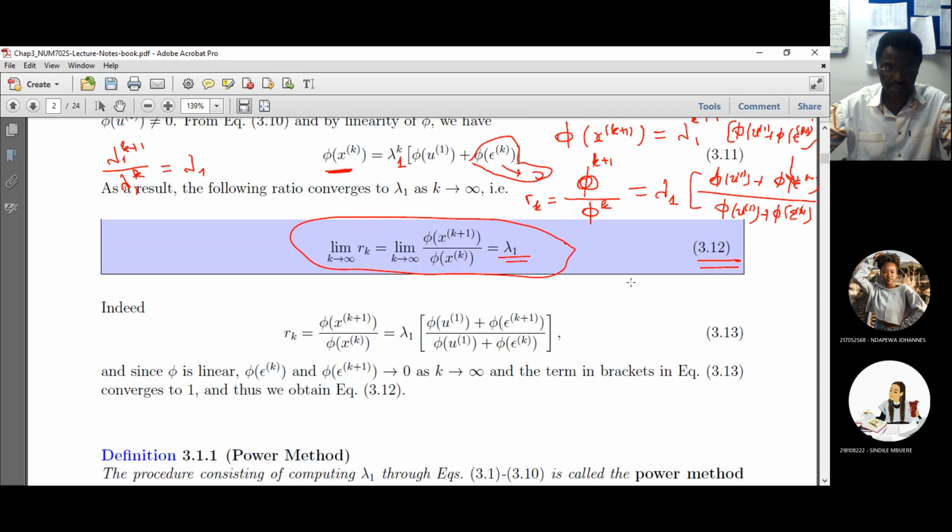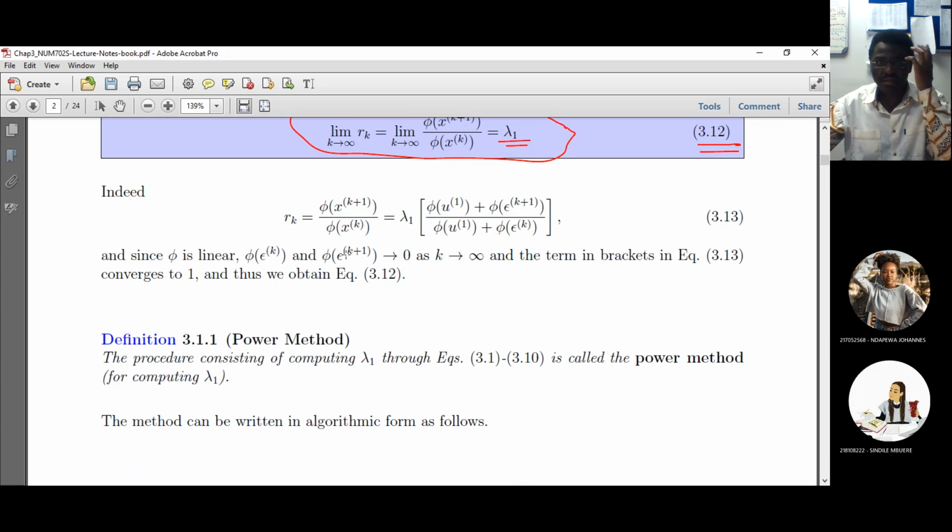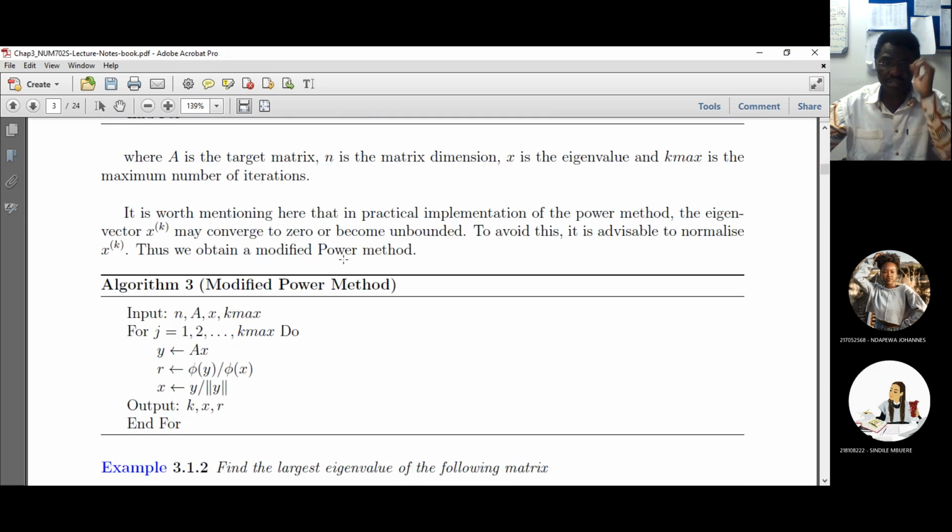That's what we expect, right? And that xk, we can see it as rk, right? We see it as rk. But how is it related to rk? We will see.